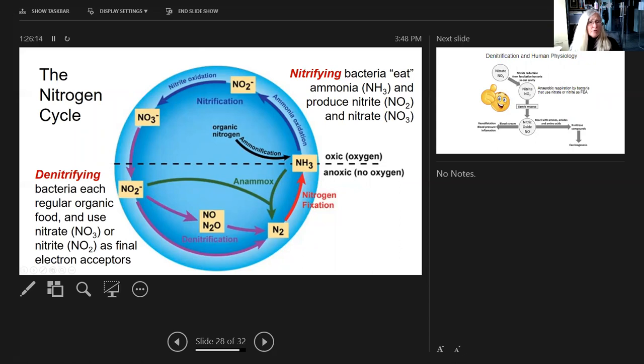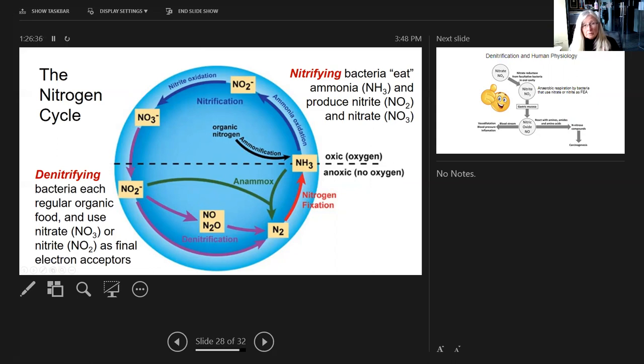Then, on the other hand, there are the denitrifying bacteria. These are using organic compounds as food, but they're using these nitrogen-containing gases as final electron acceptors. So this is anaerobic respiration, right?